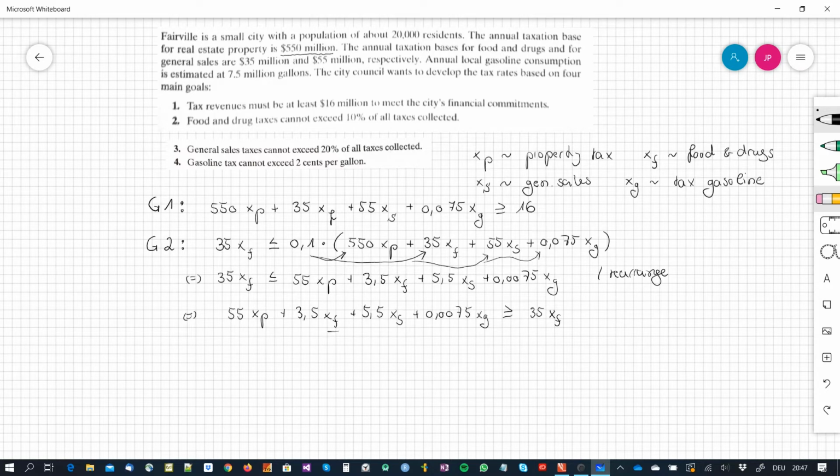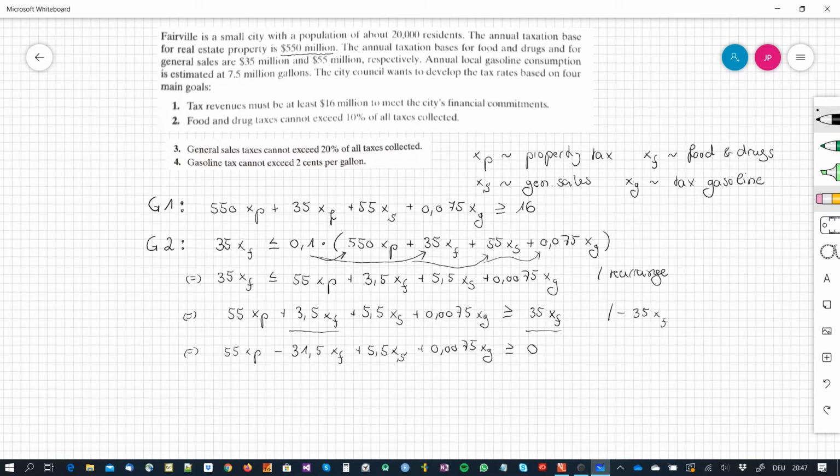And now the second thing, you realize that we have both these terms here, so we can subtract off both sides now the 35 XF, and then this equation becomes 55 XP minus 31.5 XF, and the rest stays the same. And this overall should be larger or equal to 0.